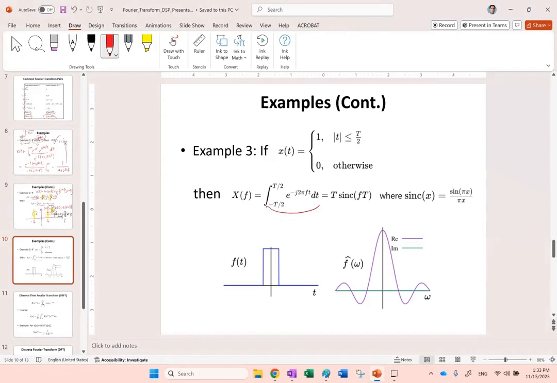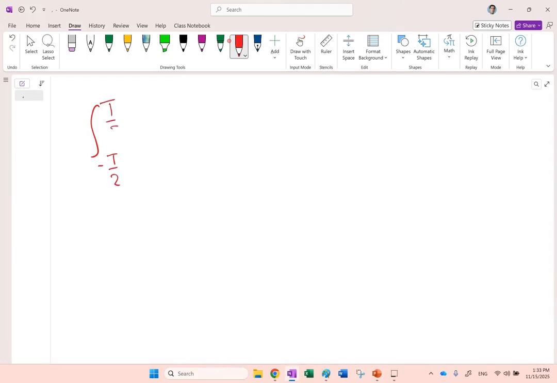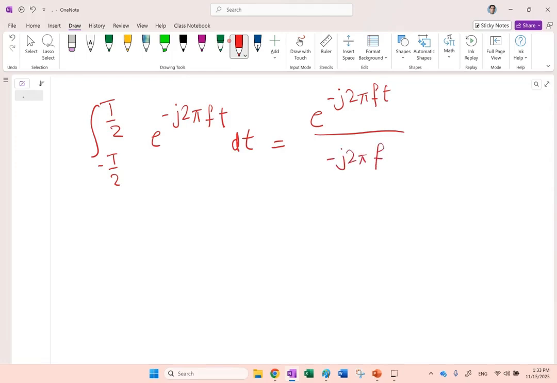And how does this become this T sinc of fT? Let's calculate that. This is the integral from negative T over 2 to positive T over 2 of e to the negative j 2 pi f t dt. As you know, the integral of an exponential is the exponential itself divided by the coefficient of the variable, which is t here. So you get this, and this function should be evaluated at negative and positive T over 2 and subtracted.